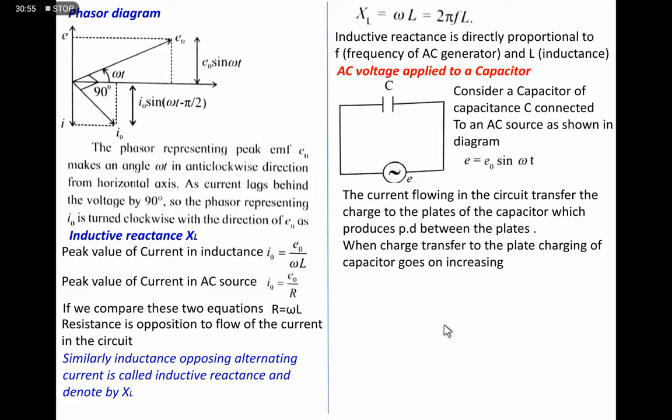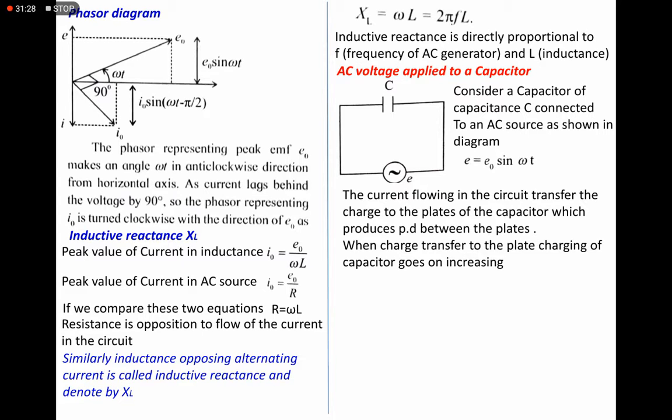Now we know that when the EMF is applied across a component, the current flows, or current passes through the electric component. Here the capacitor has plates. Charges are generated on the plates of the capacitor, therefore a potential difference will be there on the plates of the capacitor.